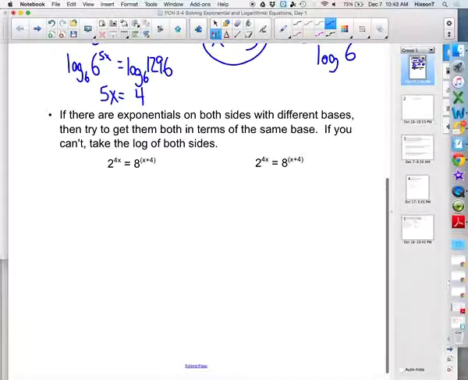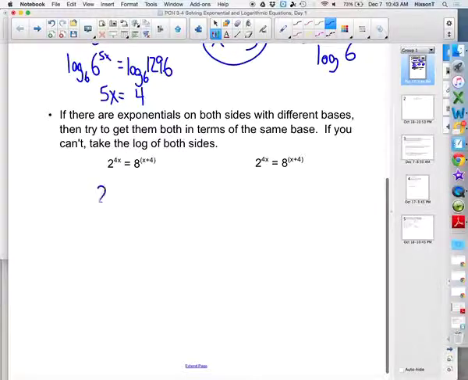So here we have 2 to the 4x power equals 8 to the x plus 4 power. Now, if you see a case like this where 8 is actually a power of 2, and you could easily express 8 in terms of a base of 2, then you can try to get them both in terms of the same base.